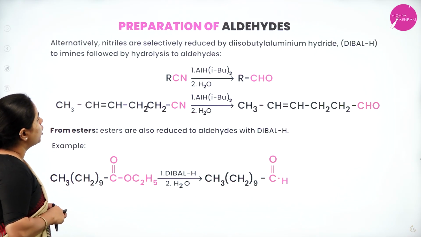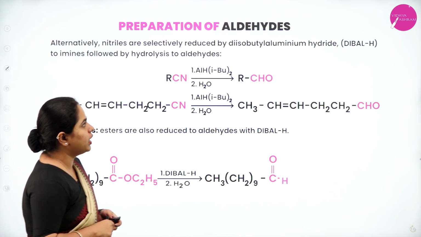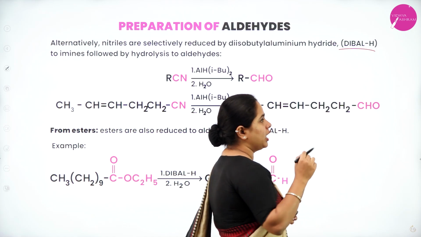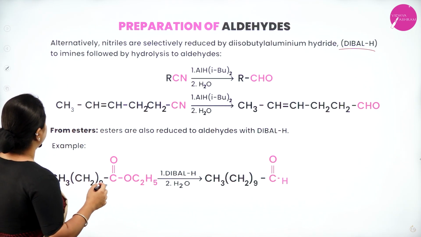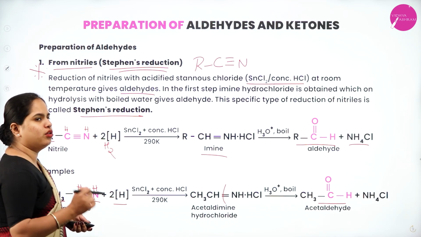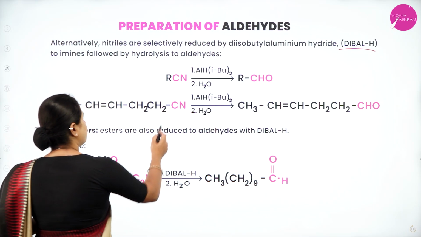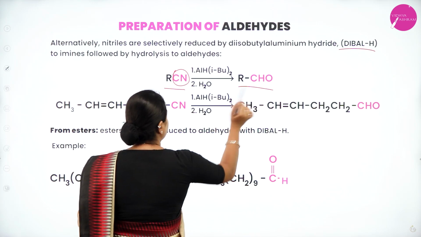The next one is, alternatively, nitriles are selectively reduced by diisobutyl aluminium hydride, which is called DIBAL-H, to imines followed by hydrolysis to aldehyde. The same reaction is going to take place, but we can use another reagent, DIBAL-H. So if we take RCN, you are going to get RCHO. CN will become CHO.